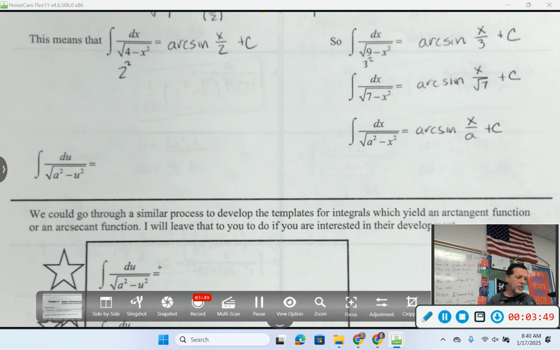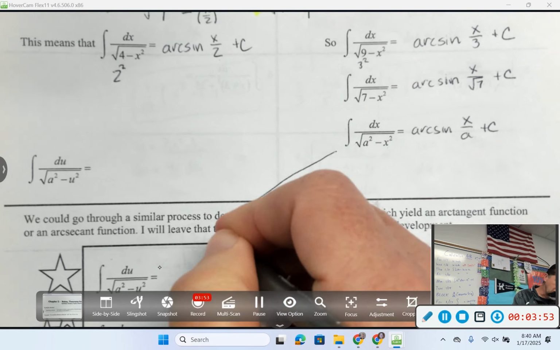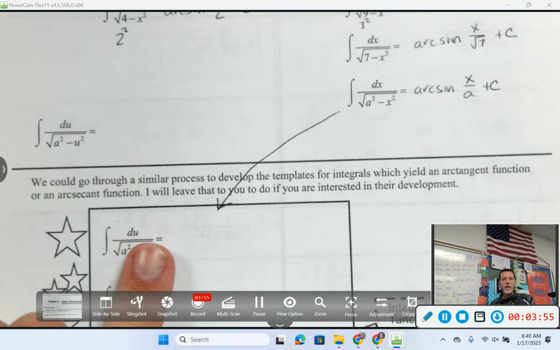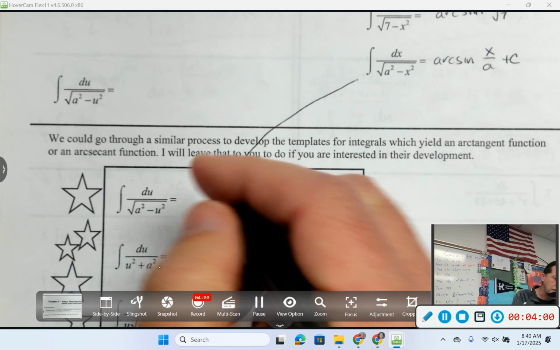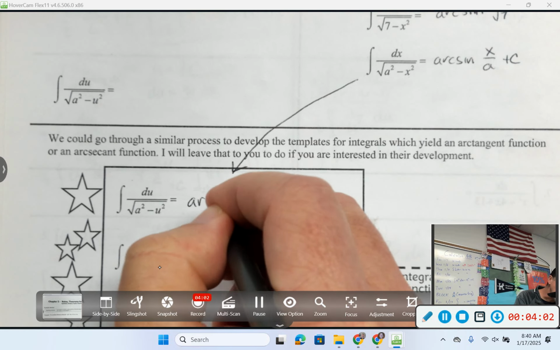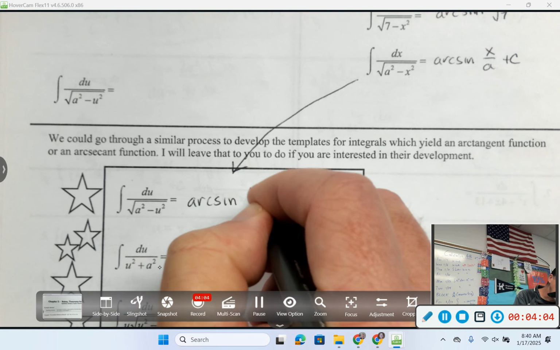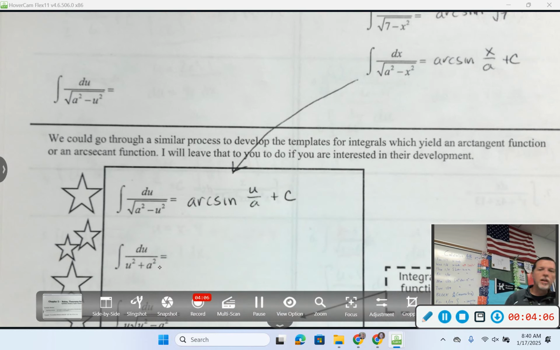And congratulations, what you sort of just backed your way into is the formula for the antiderivative of du over square root of a squared minus u squared. Arcsine u over a plus c.